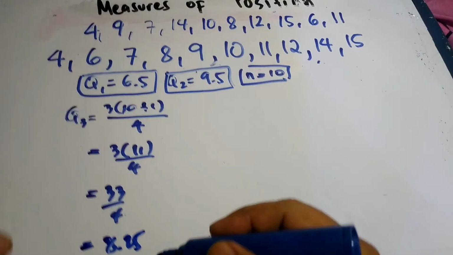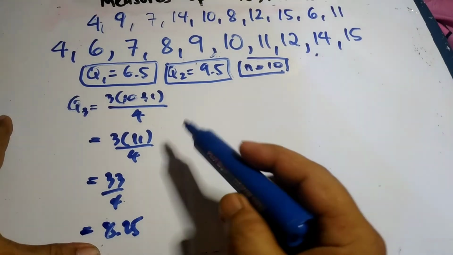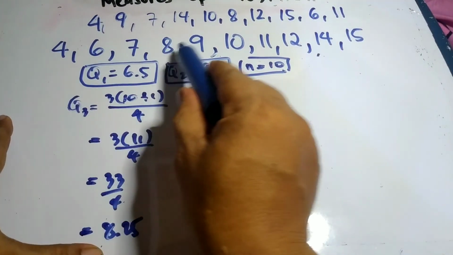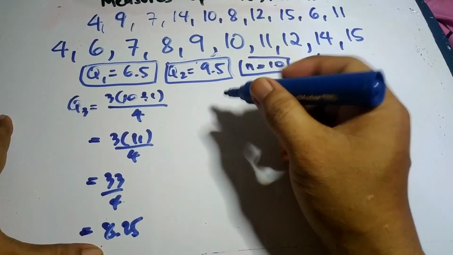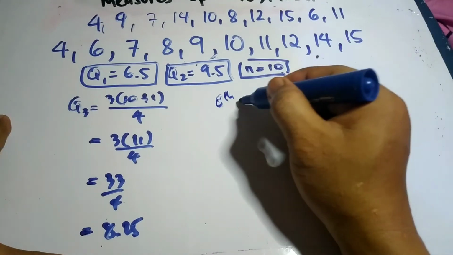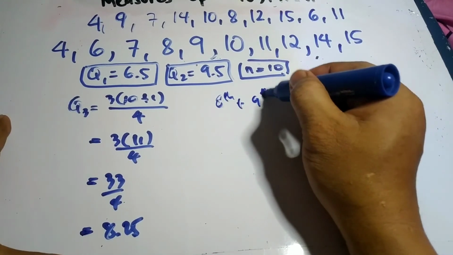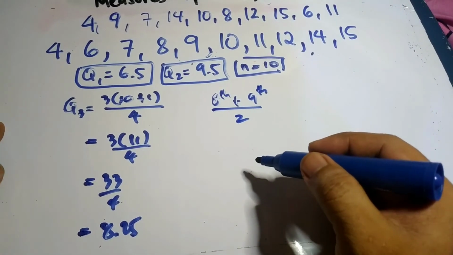So kukunin natin yung position ng pang 8 at saka pang 9. So we have 1, 2, 3, 4, 5, 6, 7, 8 and then 9. Ang kukunin natin ay pang 8 at saka pang 9th position. So divide natin to by 2 para makuha natin si Q sub 3.